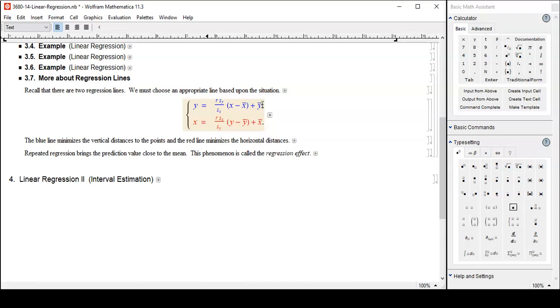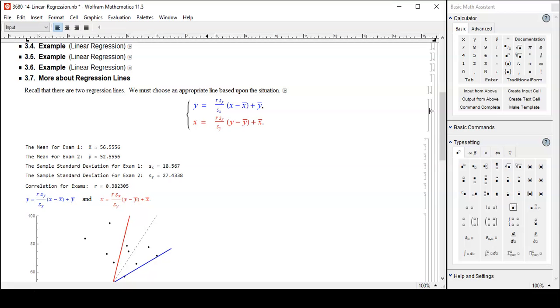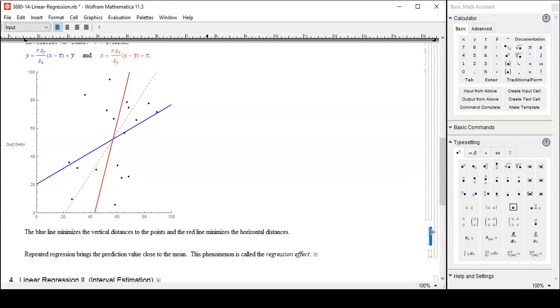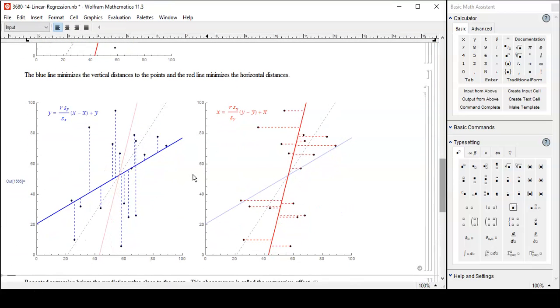But some people just want to keep the same X and Y and change the formula. In that case, what happens? Well, here is a visualization. We end up with two regression lines, blue and red, and regression prediction works kind of like this. The blue line minimizes the prediction error, which is vertical distance because we are predicting Y. So this is the observed Y value, this is the predicted Y value, and we get these vertical distances.